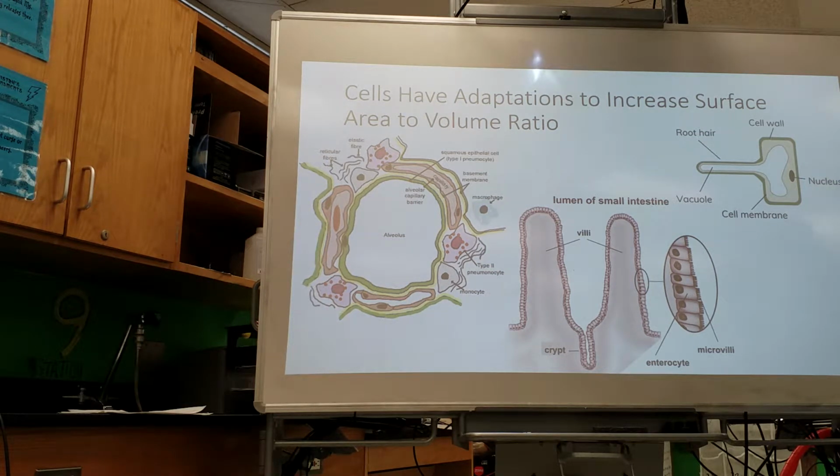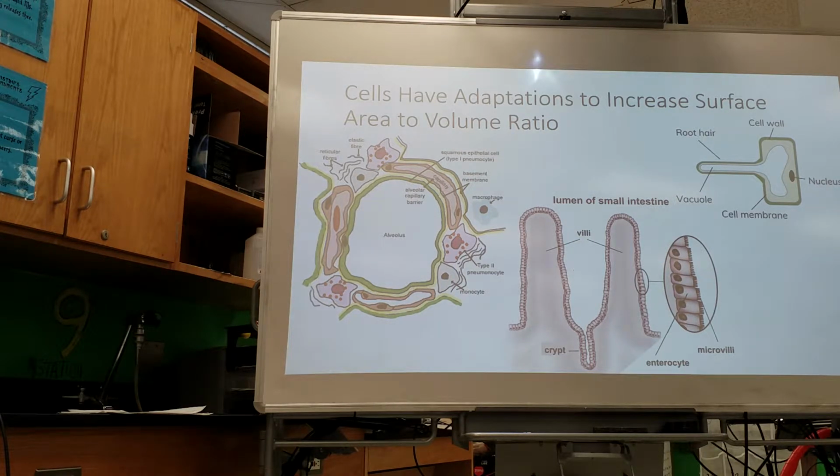So it's got a very large surface area because it's like a balloon stuck inside a slightly larger balloon. And so it's got the inner surface area and it's got the outer surface area. So it's got a lot of space over which it can exchange carbon dioxide and oxygen for us without having to support a whole lot of cytoplasm and other molecules and processes inside of the cell.